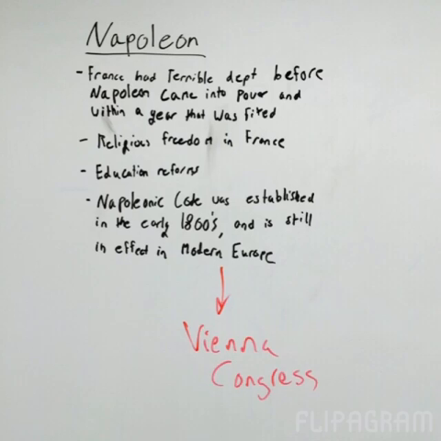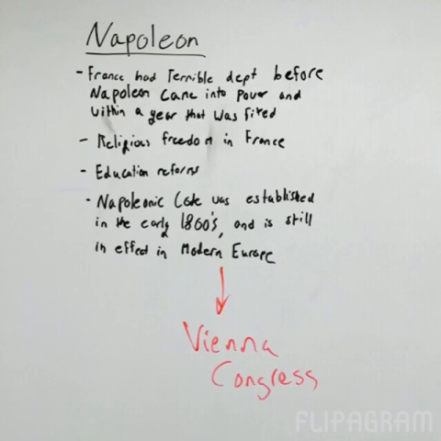Okay, and finishing up with Napoleon. So Napoleon is kind of saving the day. We don't always think about Napoleon as saving the day, but he really is. The Directory, which was put into place after Robespierre is killed and the Reign of Terror is obviously seen as a terrible thing. We don't want that sort of issue happening again.